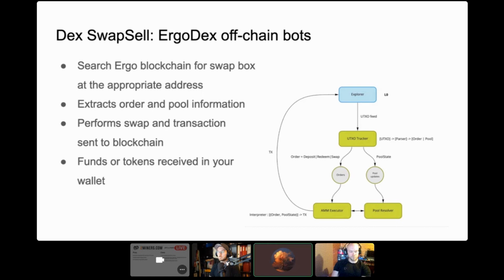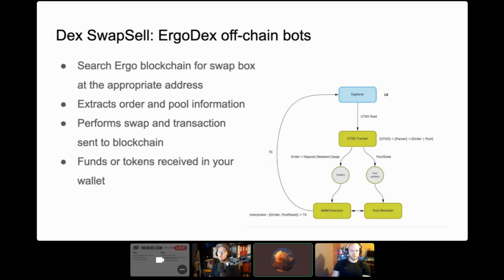And whoever runs these bots on their computer gets a percentage as a fee. So at a high level, this works by having a UTXO tracker, which essentially just scans the blockchain for any boxes that have a specific address that Ergodex is looking for.